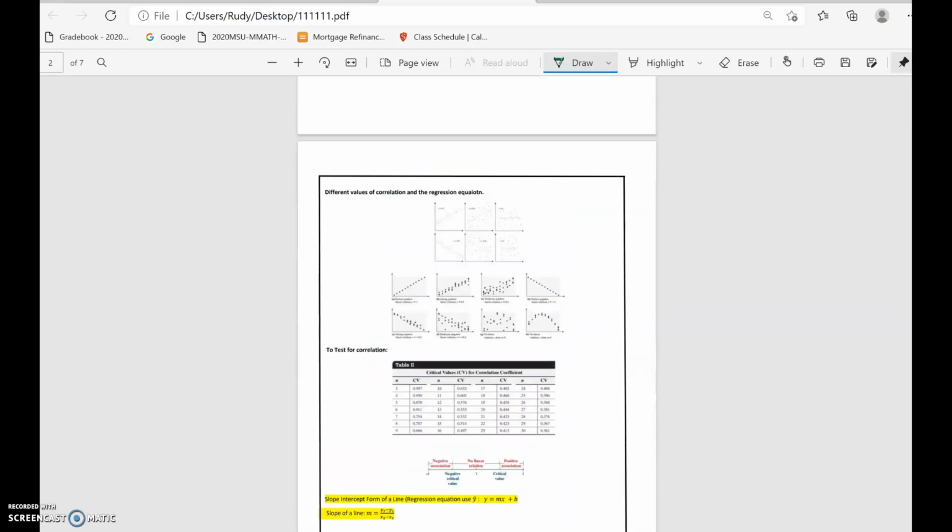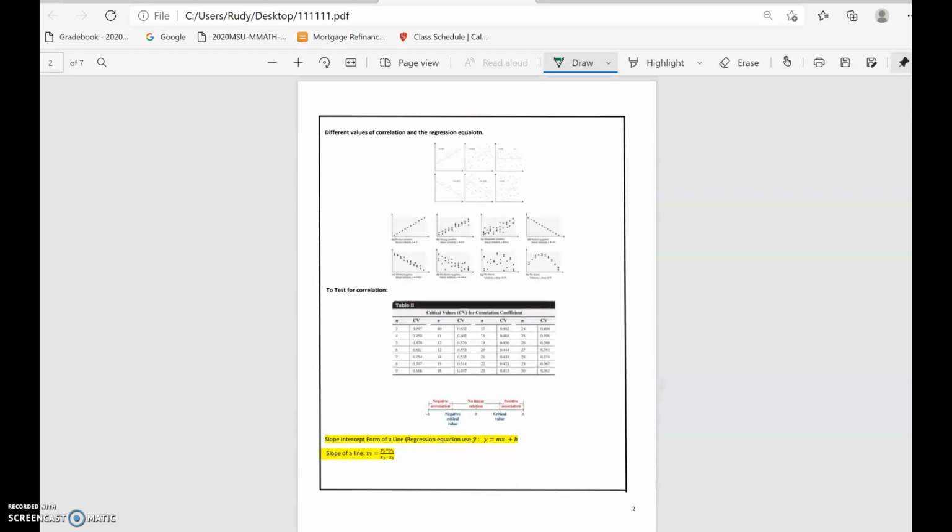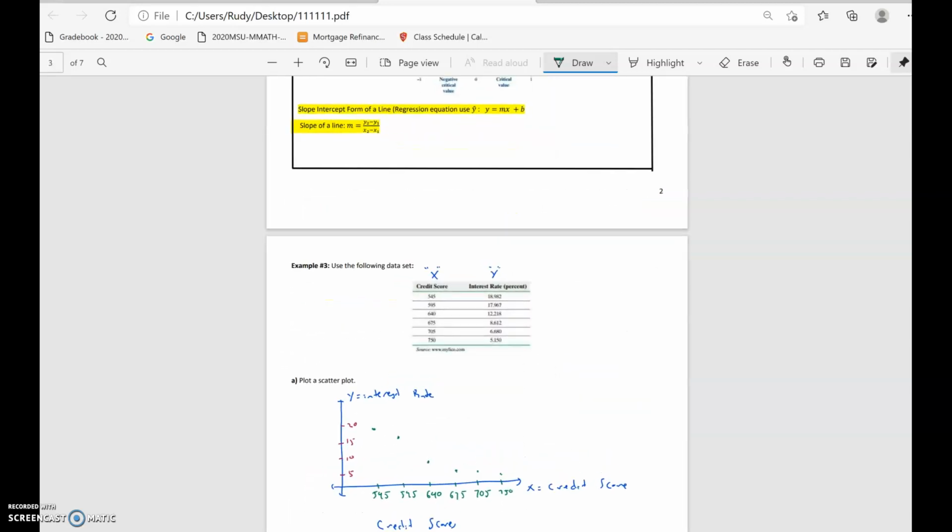Okay, so let me just copy the formula. Remember that the value of R is this mess. In your calculator, you're going to be inserting your x's under L1 and your y's under L2.